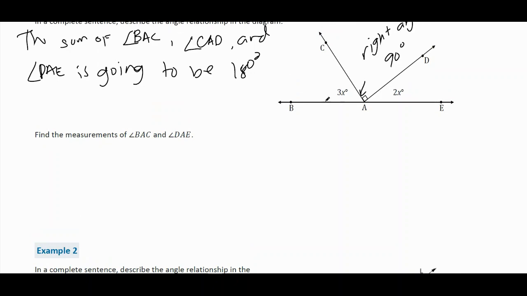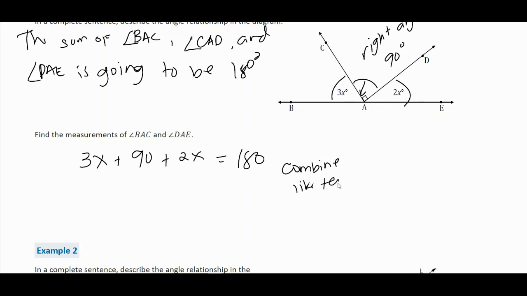All right, find the measurements of BAC and DAE. So it means adding the three of these angles, this angle here, this angle here, and this angle here, we're going to have 3x plus 90 plus 2x is equal to 180. Now, what's our first step? Combine like terms. So what are the like terms?